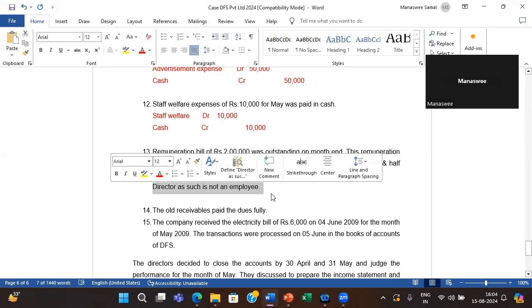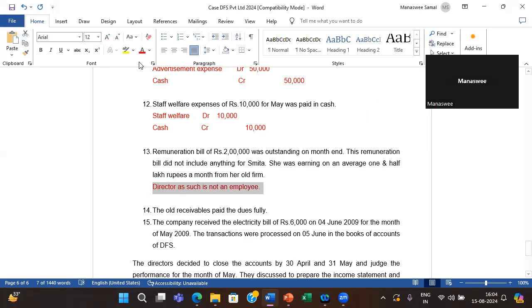This sentence was given to me by my corporate law teacher as a company secretary way back in 1995. I can never forget the beauty of this sentence. It means if you're looking at a director, only director as such, no way that person is an employee of the company.